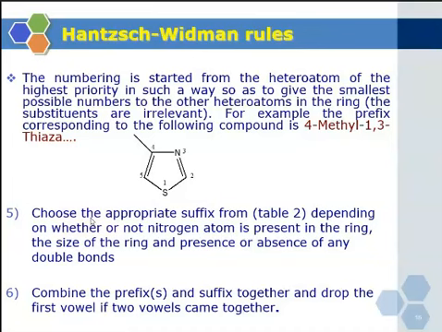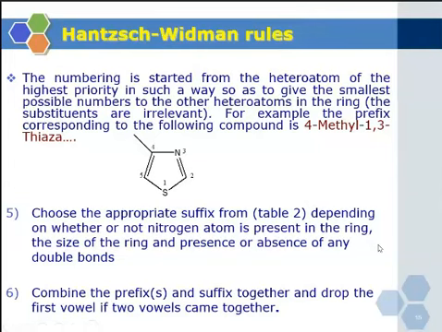And how are they attached? Their location is decided based on their priority. The atom having higher priority is given the first position, and that having lesser priority is given a comparatively higher number, which gives the minimum possible number to the atom in the ring. Here we can see the example.